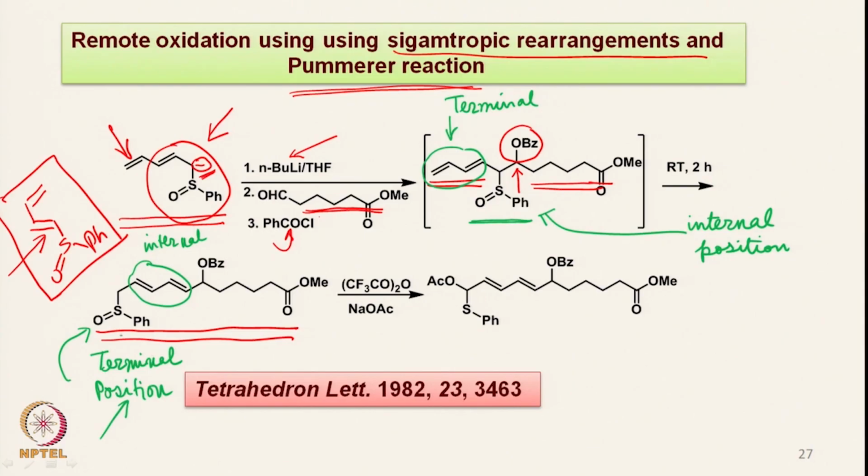And then this sulfoxide, when it is treated with trifluoroacetic anhydride and sodium acetate, it allows functionalization at this center via the so-called Pummerer reaction. Now this work was published in 1982 in a very interesting paper by E. J. Corey, and the mechanism for this reaction is very interesting, which is discussed here.